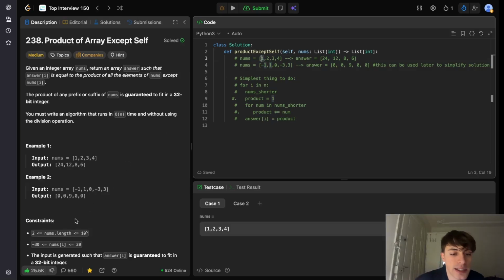Okay, so let's think about this array: -1, 1, 0, -3, 3. I have to compute this product, and I have to compute that with every possible combination. Now, how do I compute this product once and for all?